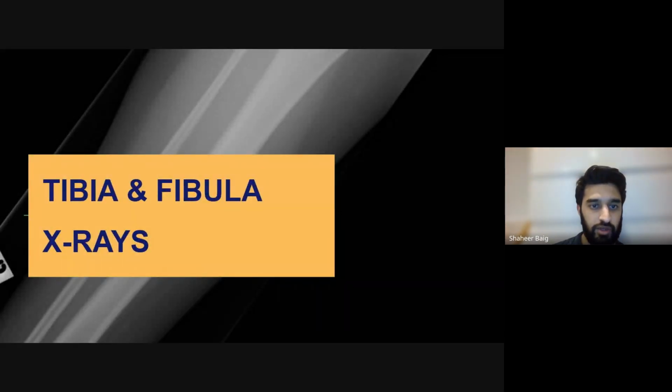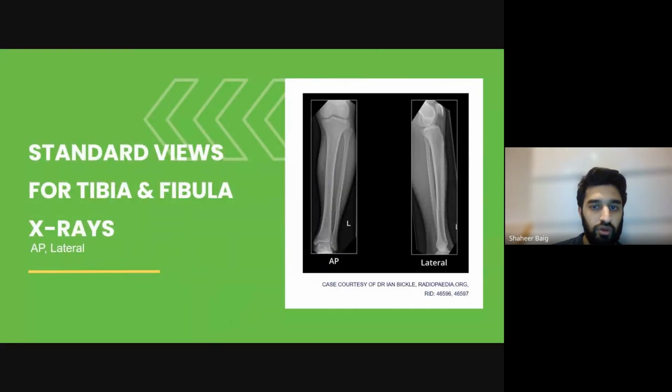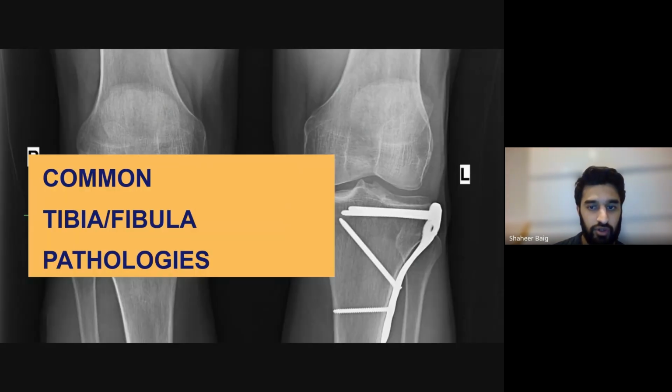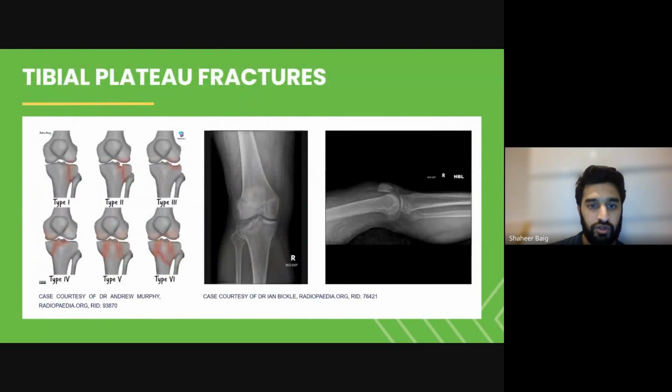So coming a bit more distal into the tibiofibula, same as before in the femur, we take an AP and lateral view to assess for injuries, and we can get different types of fractures depending on where in the tibia or fibula we are.